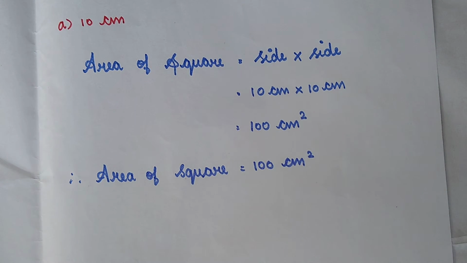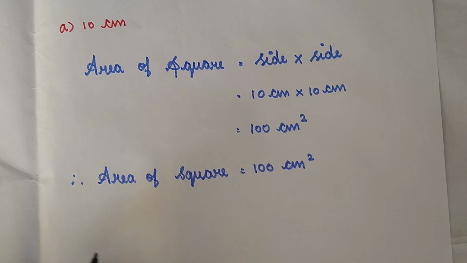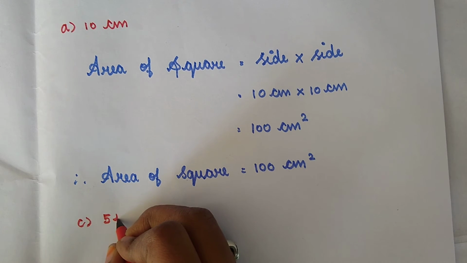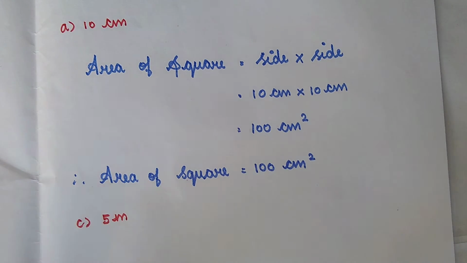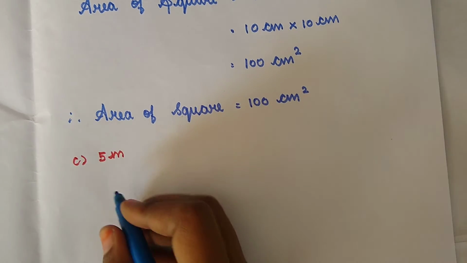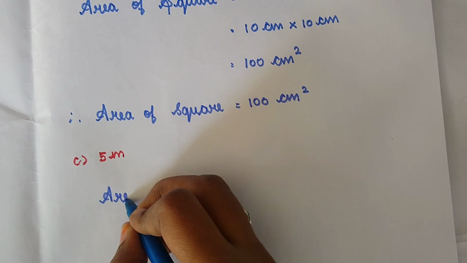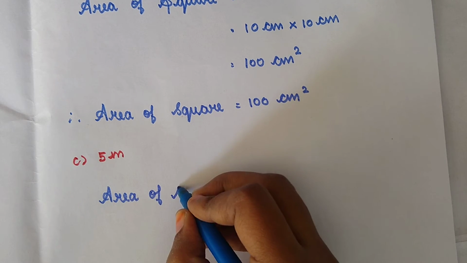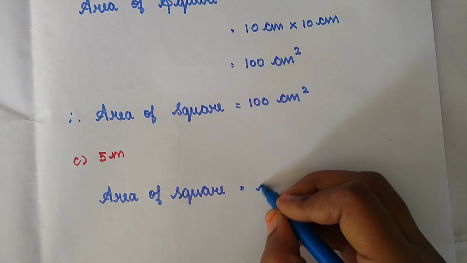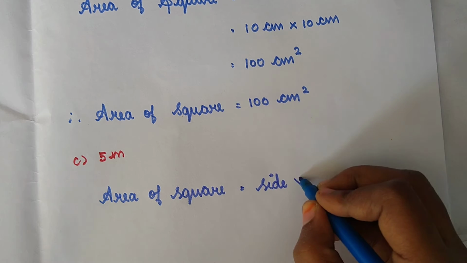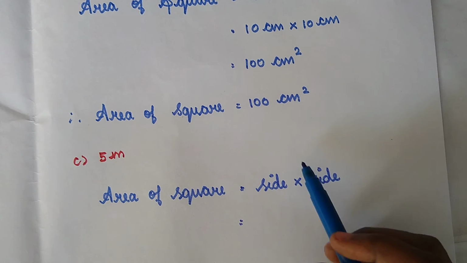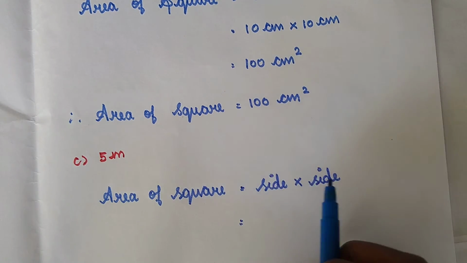Next we take subdivision C, 5 meter. This sum is also the same model as before. First we write the formula for this sum. Area of square equals side into side. Here side is 5 meter, not centimeter.